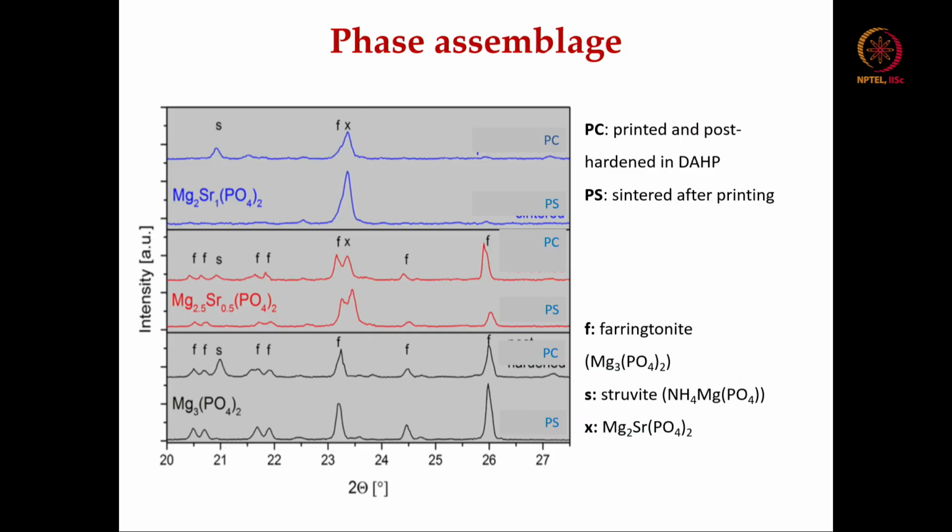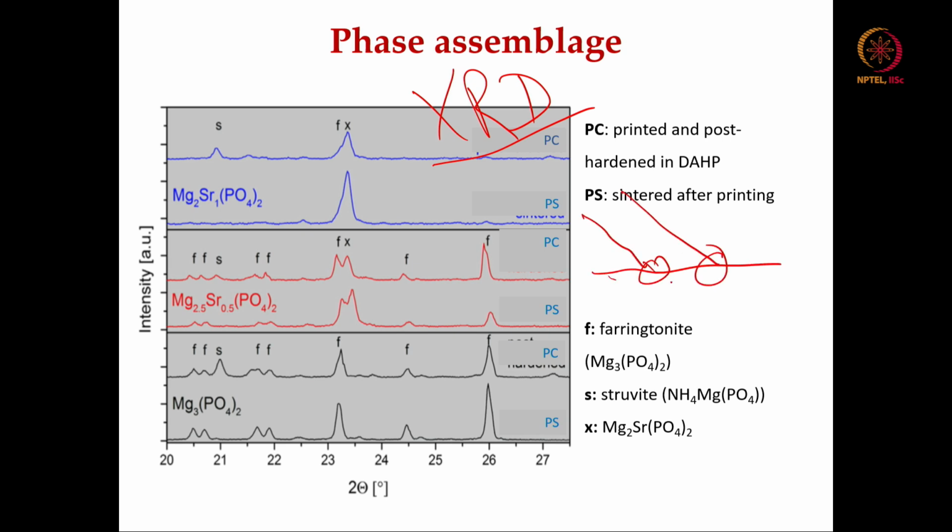These particular X-ray diffraction plots, XRD plots: you know that an X-ray beam gets diffracted from the planes of atoms, and as we have shown you earlier, there is a path difference there. This path difference is n lambda equals 2d sin theta, where d is the interplanar spacing and theta is the angle of diffraction.